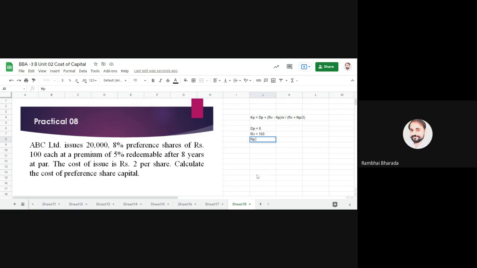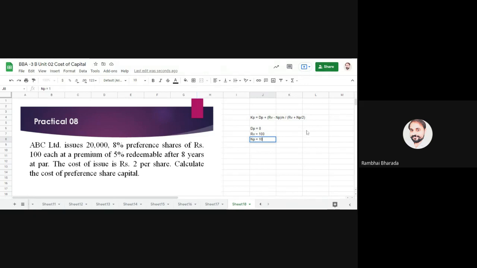NP, can you tell me the NP? Neville, you must try. See here, 8% preference shares of rupees 100 at a premium of 5%. No, my dear.